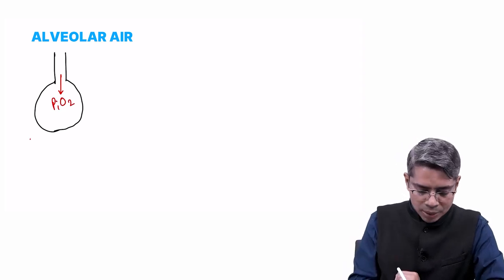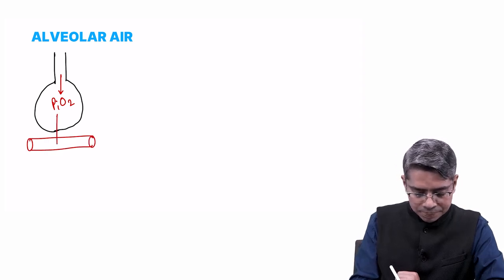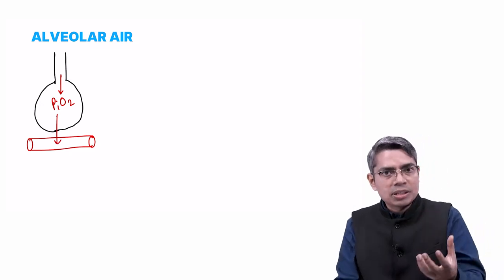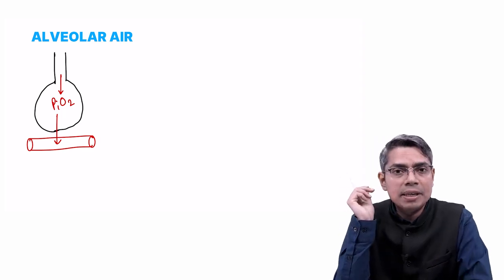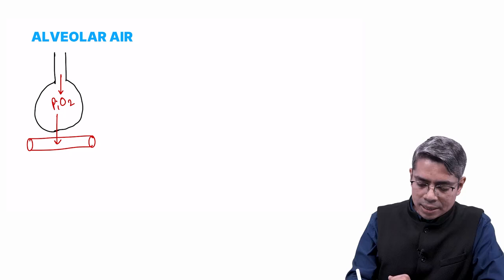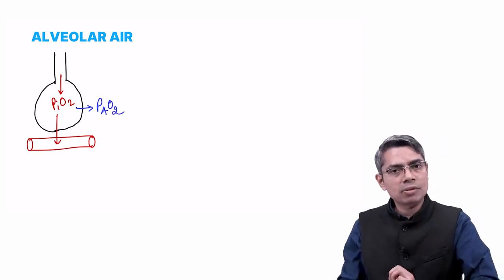Now from this PiO2, oxygen will be transported to the capillary blood, right? So oxygen consumption, oxygen transport and oxygen diffusion are basically happening. If I want to calculate how much oxygen is going to remain at the level of the alveoli, that is the partial pressure of alveolar oxygen.